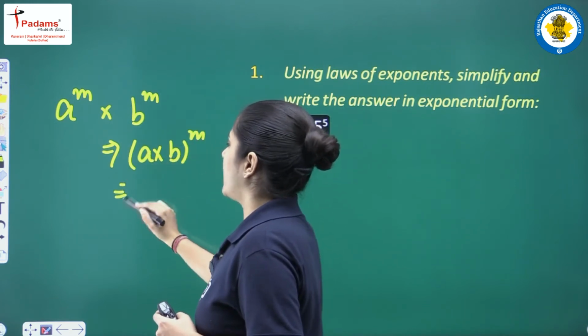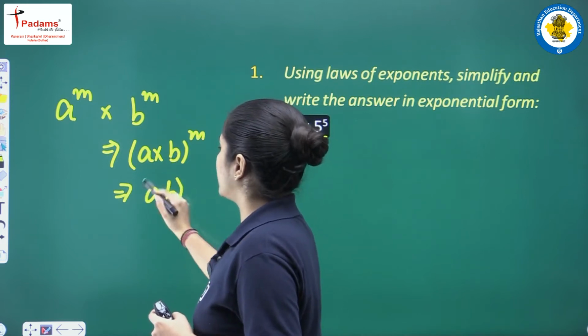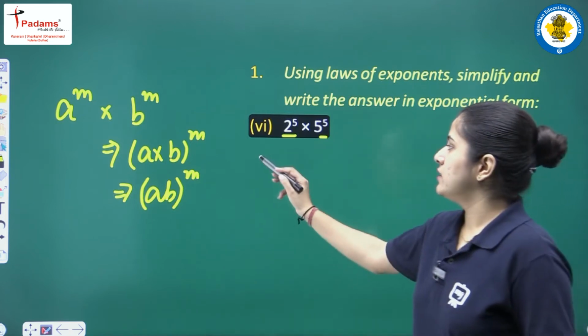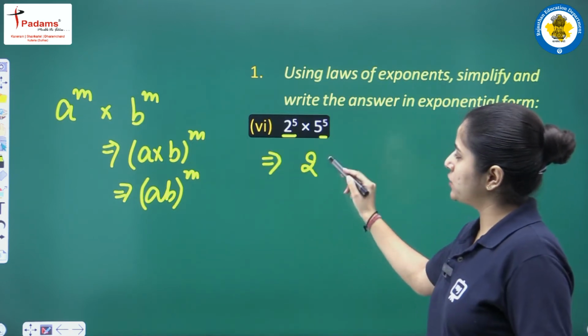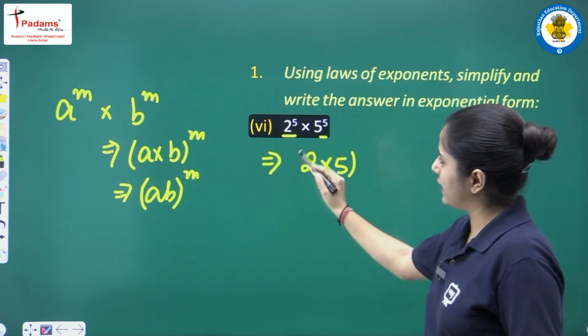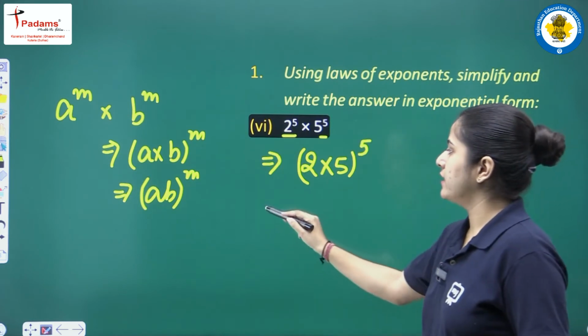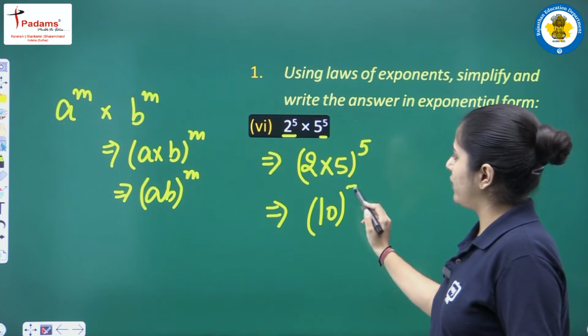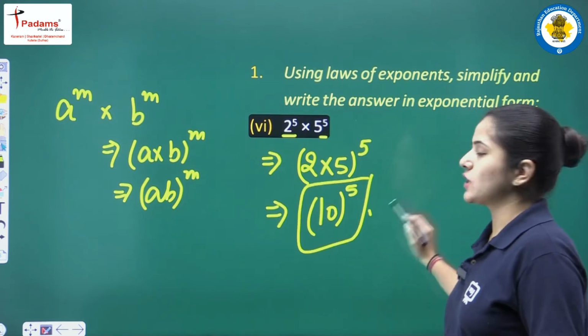That is, multiply the base and keep the exponent as it is, right? And this is the law. So we have to do 2 into 5, base को multiply कर देंगे और power को as it is रख देंगे. So 2 into 5 is 10. 10 raised to power 5, and this is your solution students.